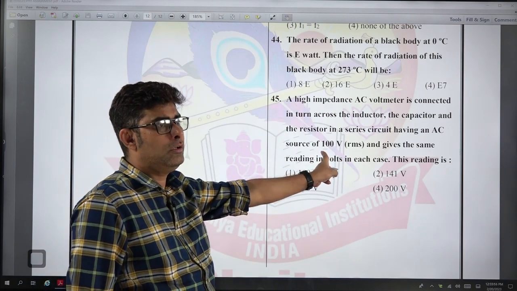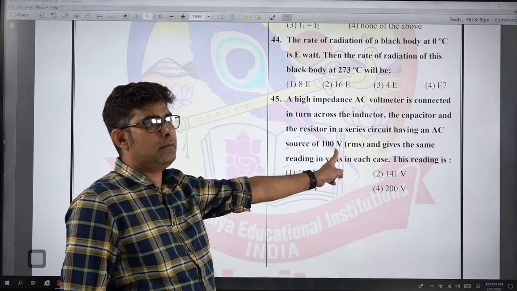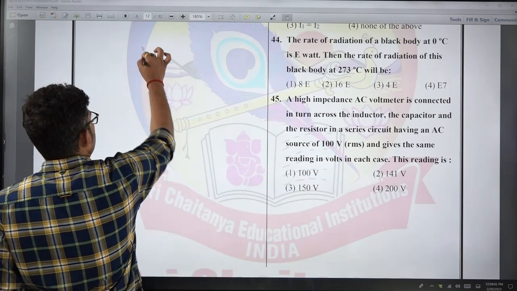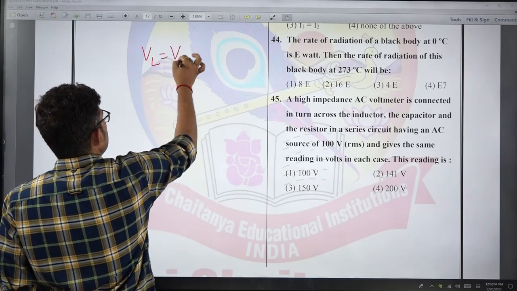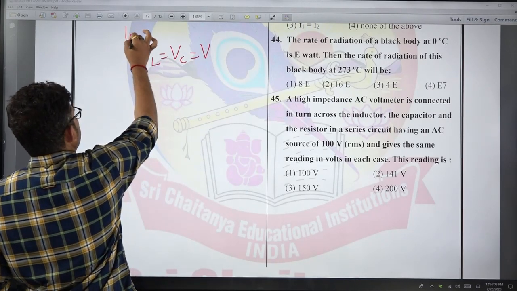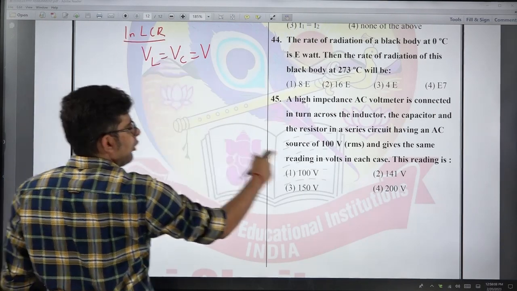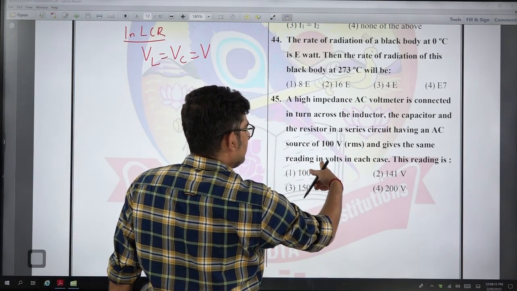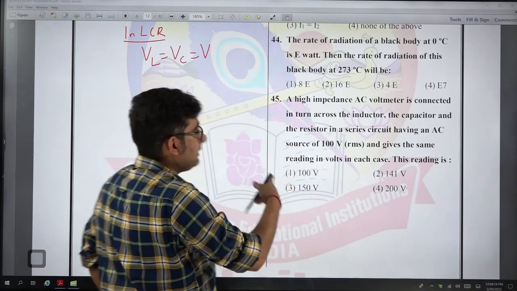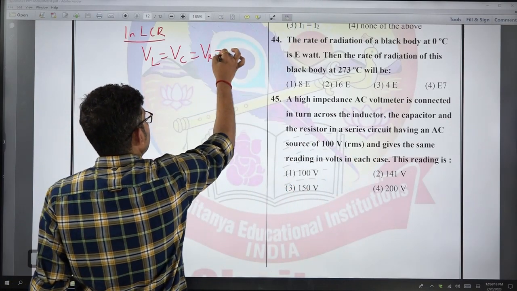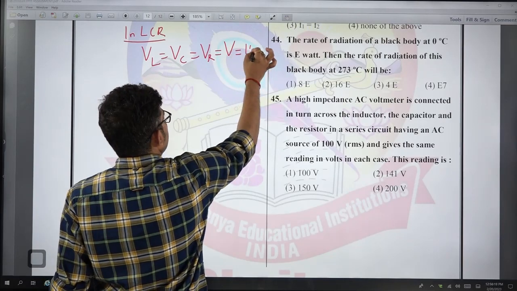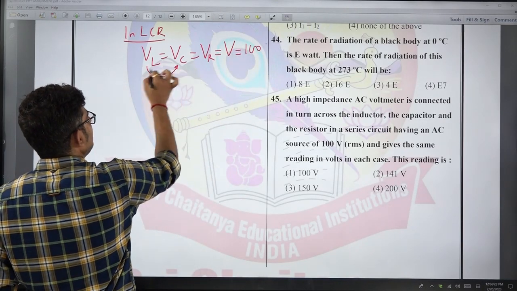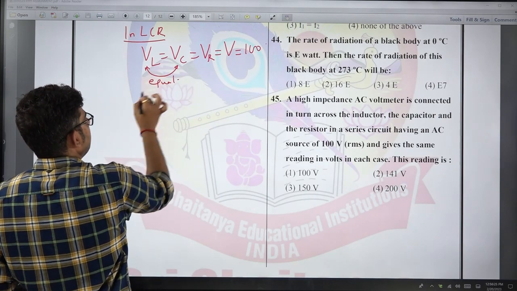They are saying that VL, VC, VR all give the same reading, 100, and even the source voltage V is 100. So since VL and VC are equal, can you see these two are equal?